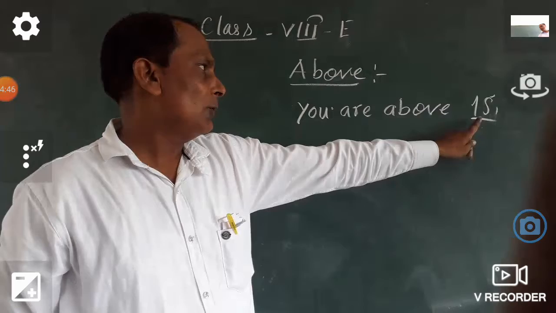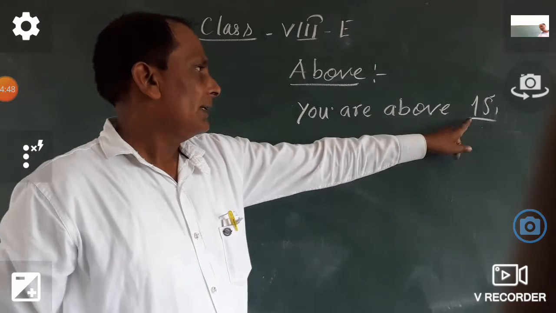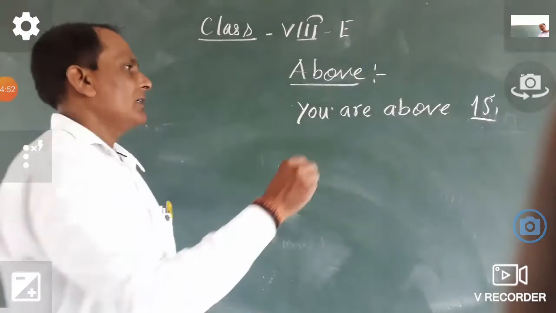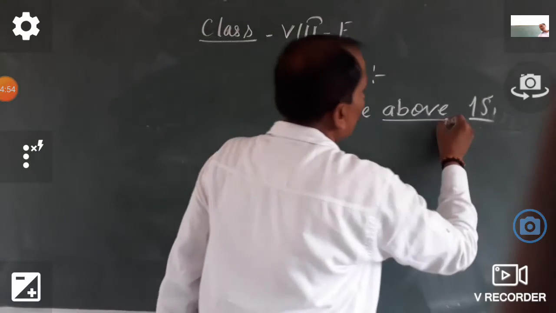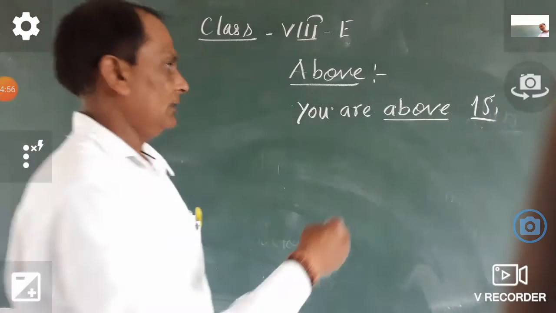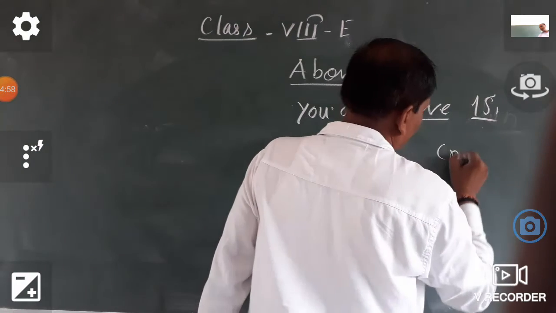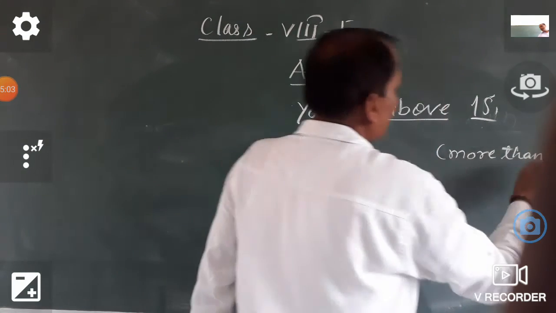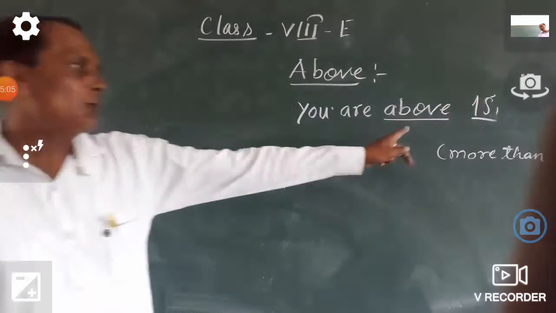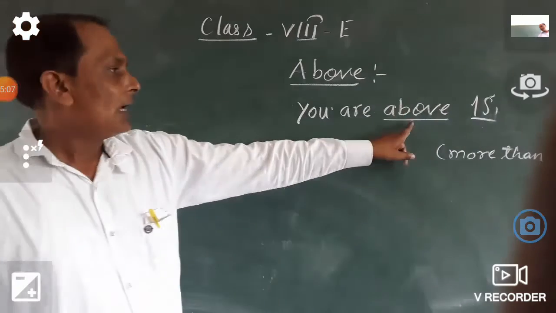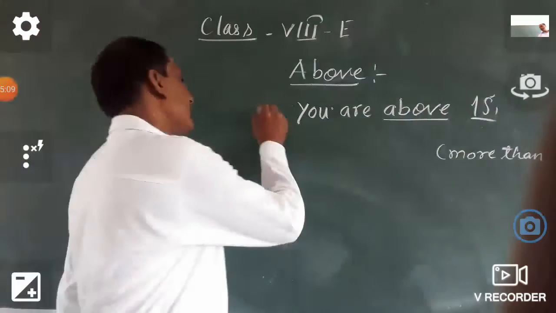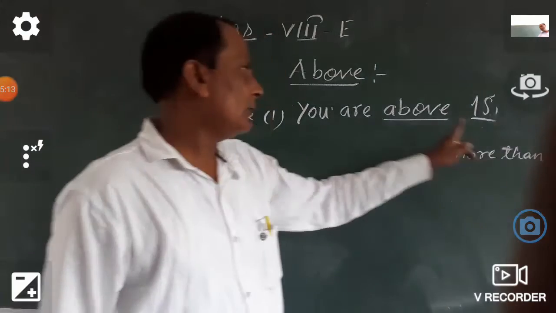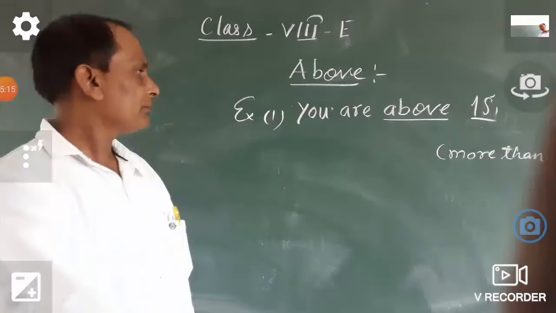It means here your age looks more than 15. So it indicates the more than. In the sense of more than, you can use above. Okay. In the sense of more than, you can use above.